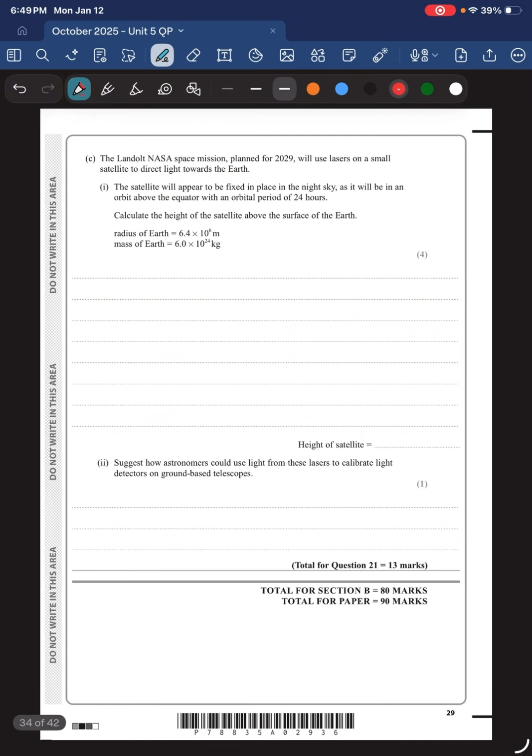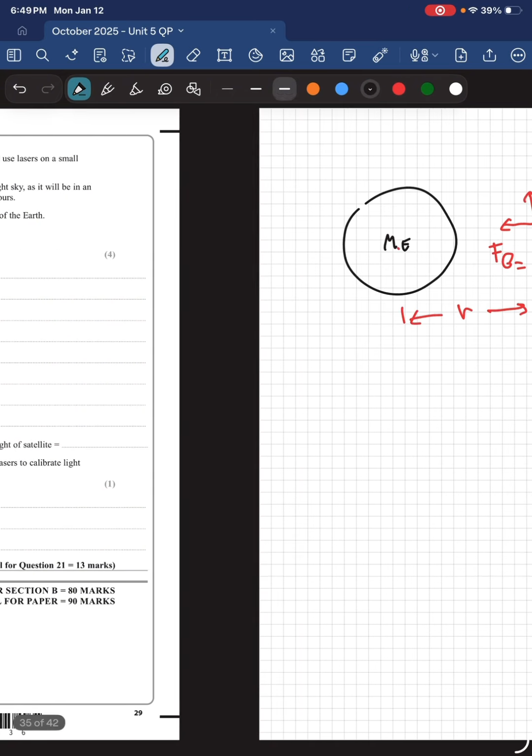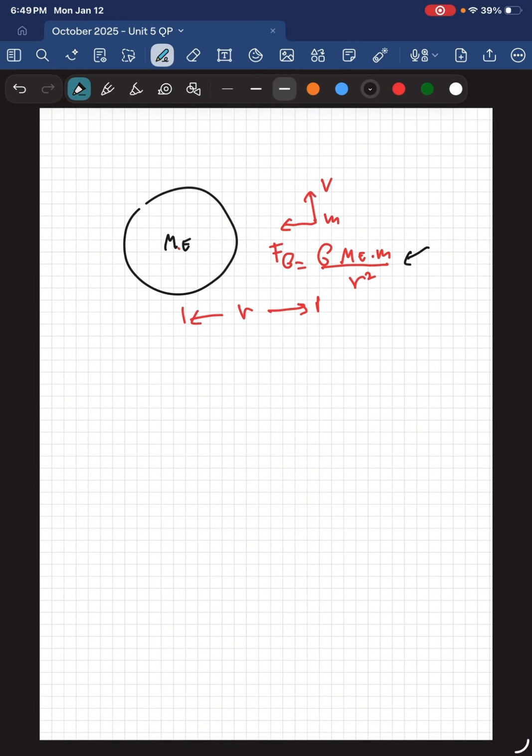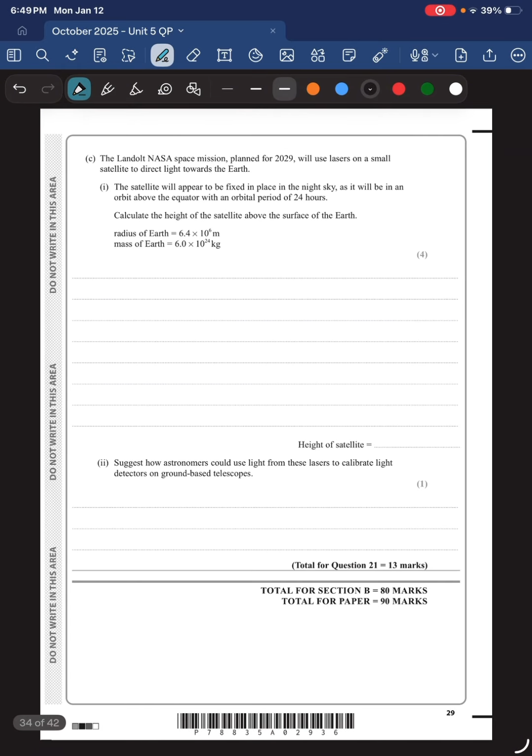Okay, so this force is what provides the centripetal force. So G times the mass of the Earth times the mass of the satellite over r squared is m omega squared times r. M cancels, and we get GM equals omega squared r cubed, where omega is 2 pi over the period.